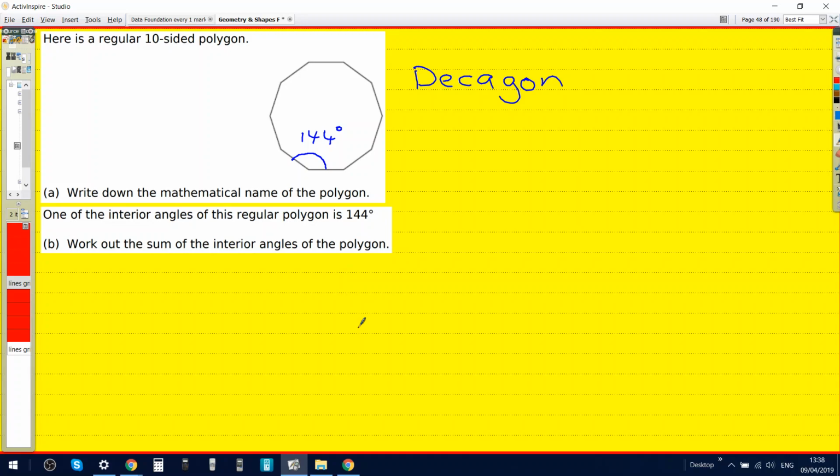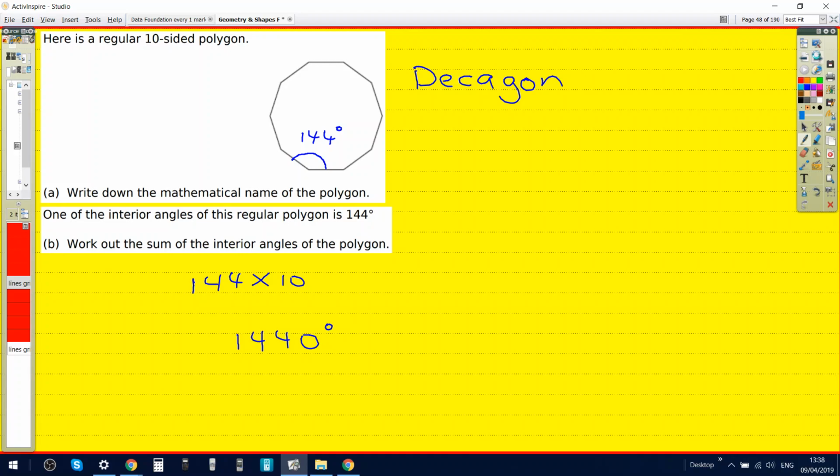There's 10 of the angles. So you just times that by 10. That would be 1440 degrees. So there's one angle, and what do you get when you add up all 10? Just times by 10.